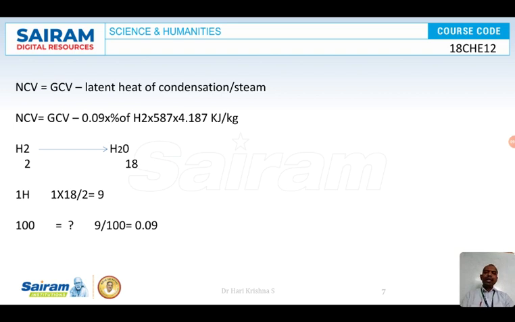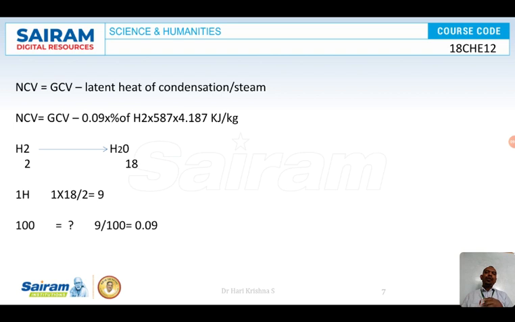That heat is considered in GCV, whereas the same heat is removed from NCV. So how much heat is liberated? 587 calories of heat will be liberated, right? So NCV equals GCV minus 0.09 into percentage of hydrogen into 587 into 4.187 kilojoules per kg.